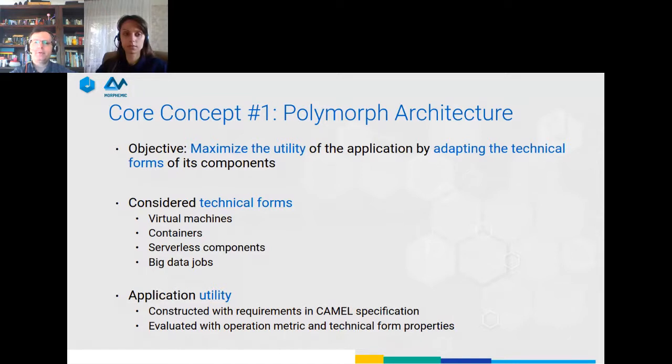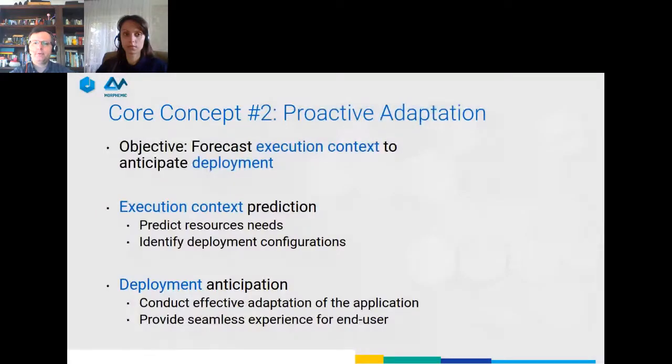The first feature is the polymorphic architecture, so the ability to change the architecture of the application to have the biggest gains from the optimization. We would be able to change from virtual machines to containers, serverless jobs, and also to use hardware accelerators like GPU and FPGA to maximize the performance and minimize the cost.